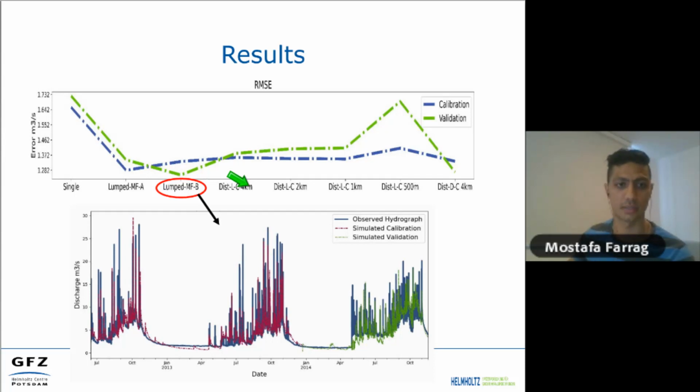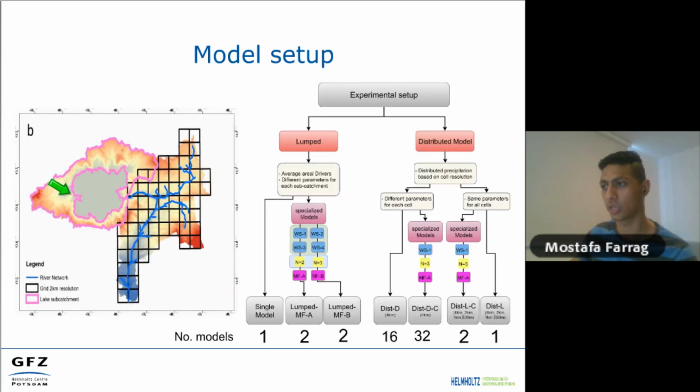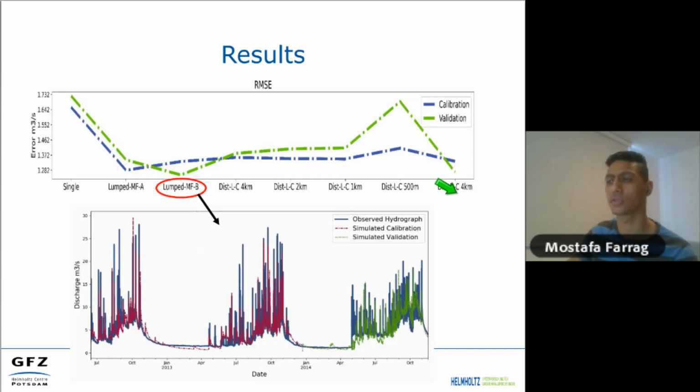the figure shows on the x-axis some of the models, and the complexity increases from the single model. So this is one model, as I showed here, and the number of models increases till it reaches 32 at this model. And that's the error.